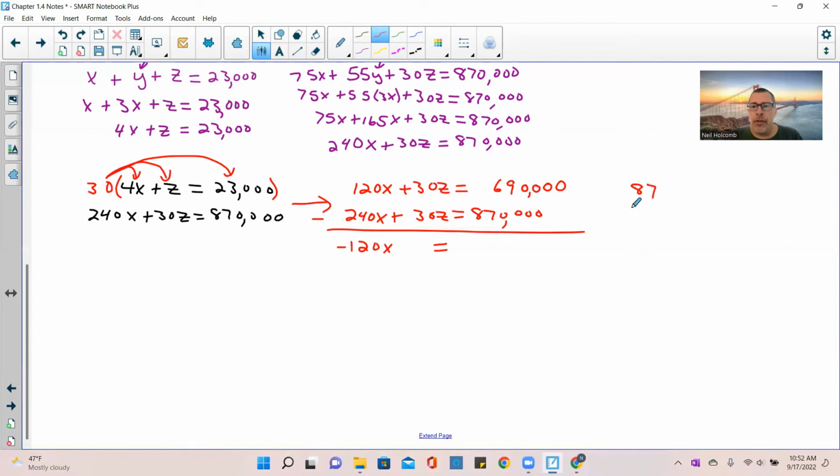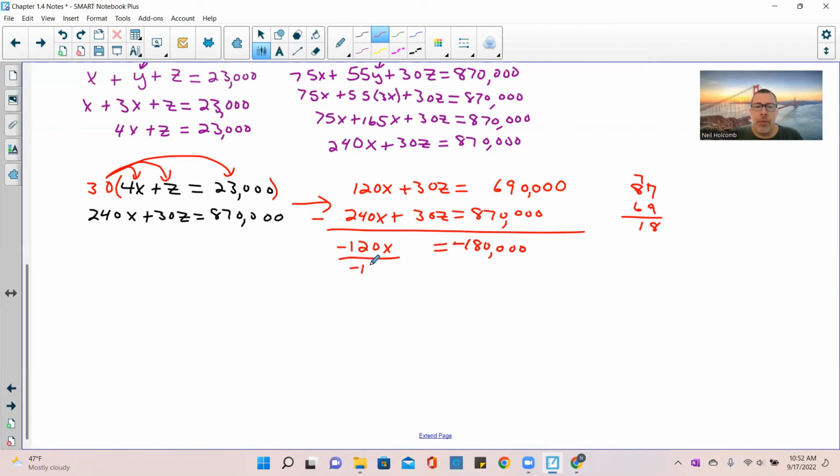Let me do it the other way around, it's easier. 870 minus 690, so it's going to be 180,000. But we're subtracting a bigger number from a smaller, so it's going to be negative.